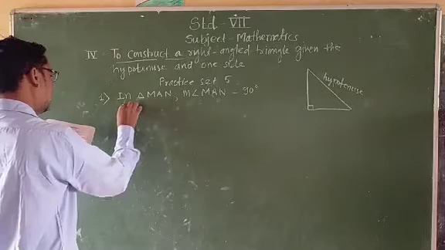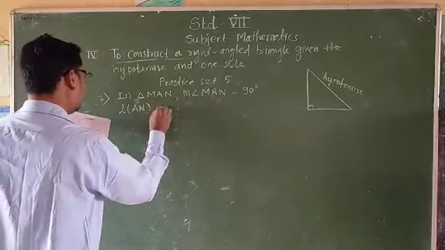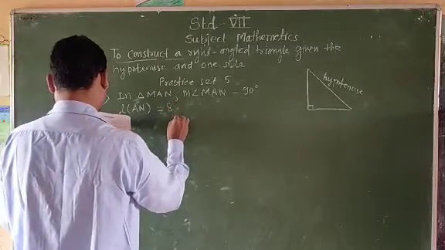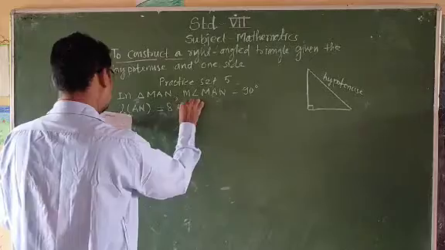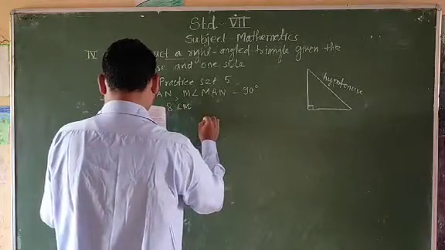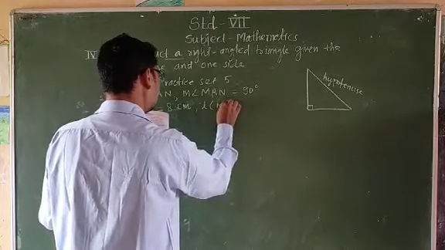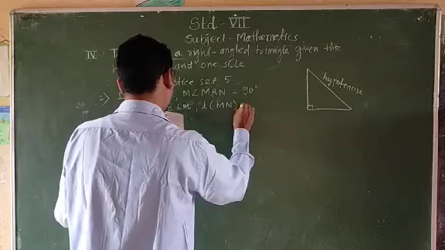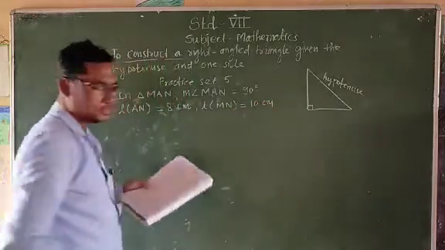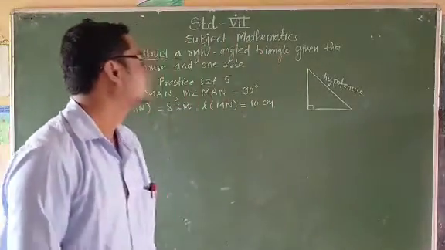Length of AN, that is 8 centimeter. Okay, length of AN 8 centimeter, and the length of MN is given 10 centimeter. Length of MN is given 10 centimeter. Okay.